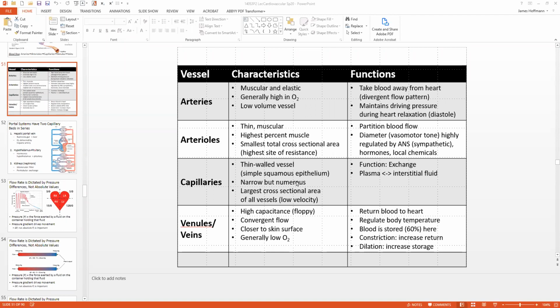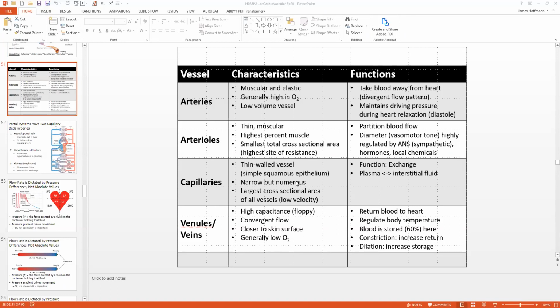So there's lots and lots of capillaries, and they have by far the largest cross-sectional area of all vessels, which means that when blood gets to a capillary, the velocity of blood flow through the capillary slows down. And we believe that's to help enhance the time for exchange, right? The slower they move across, the more time you have to exchange there. And so that's the capillaries, and the fluid exchange is dictated by those Starling forces that we'll see again when we look at filtration in the kidney.